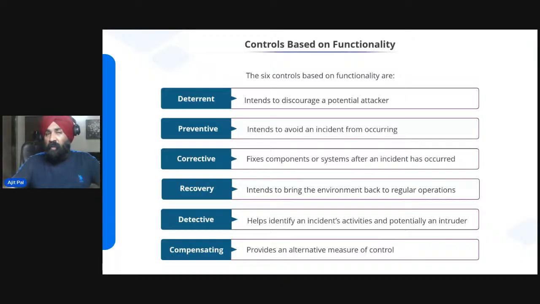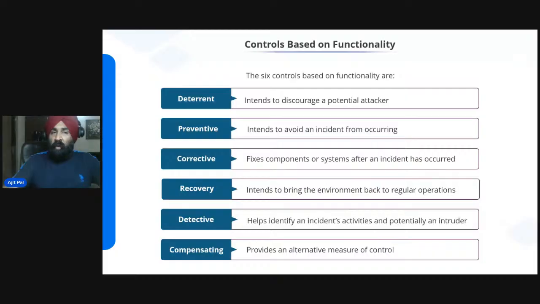Corrective control, which is intended to correct an action after an incident has occurred, like using a fire extinguisher to douse a fire or patch management to mitigate the vulnerability. Recovery, which is intended to bring the environment back to regular operation, like BCP, DR. Detective controls, which help identify incident activity and potentially an intruder. And ultimately compensative: when your primary control is not working, you will compensate for that with a secondary control.